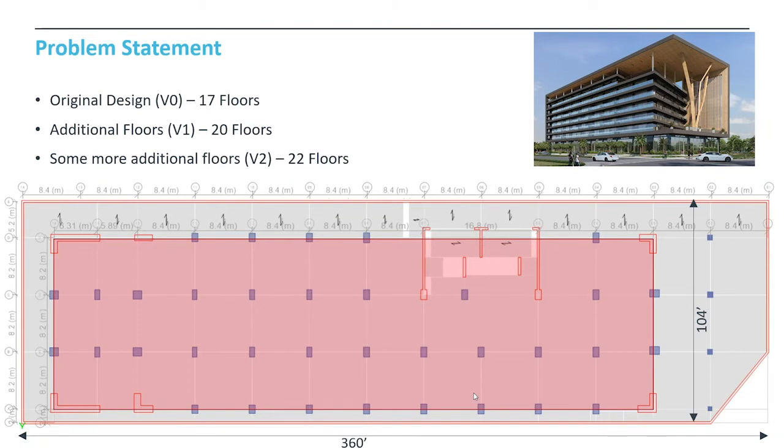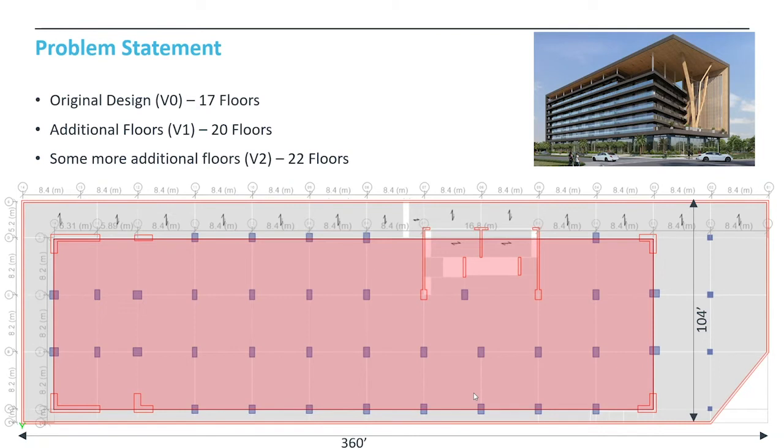So for example, if some column above the ground floor had, say, 700 by 1000 dimension, but because of additional requirements it needed to increase from 700 by 1000 to 900 by 1200, they were doing that part.